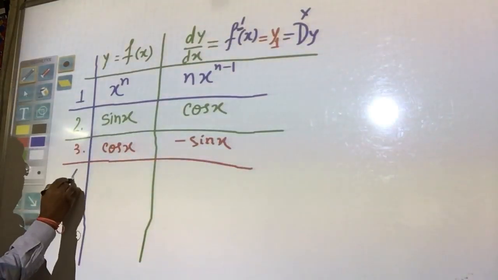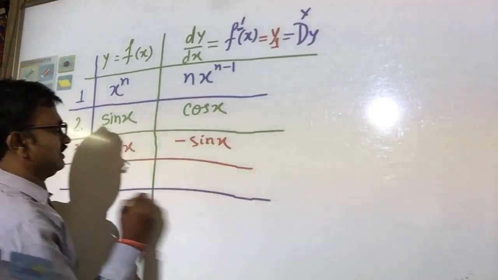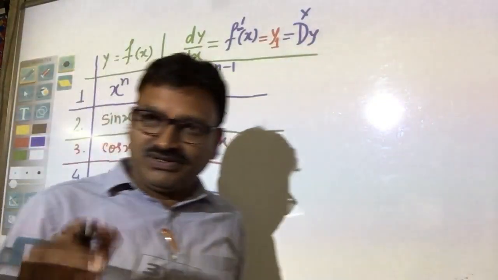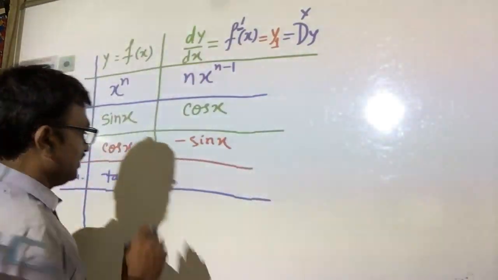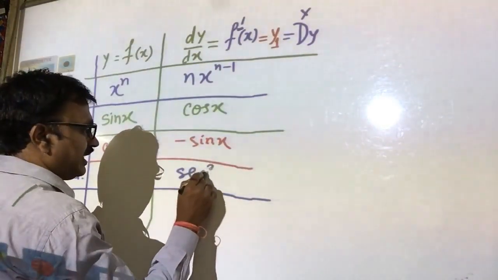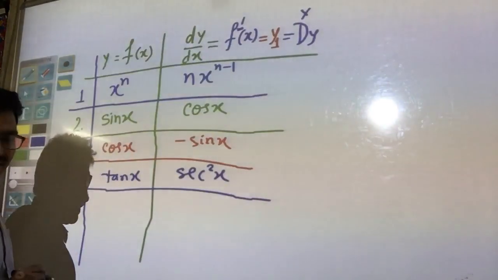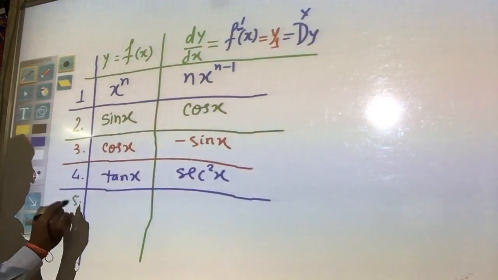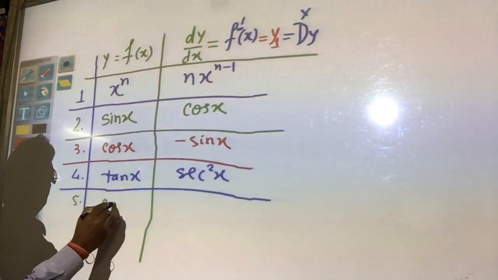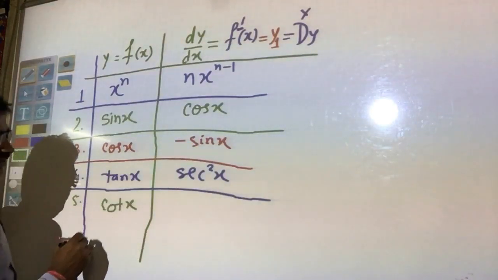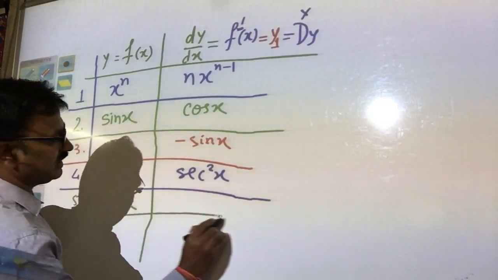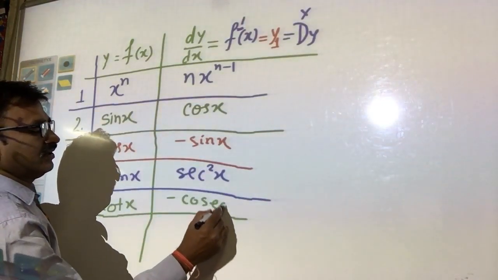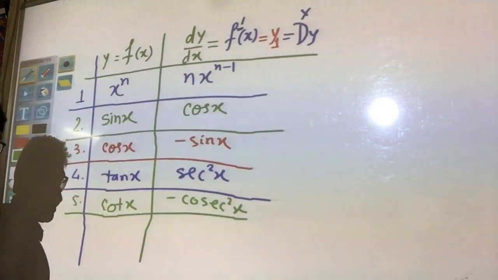Similarly, fourth, tangent x. The differentiation of tangent x is secant square x. Similarly, the differentiation of cot x is minus cosec square x.